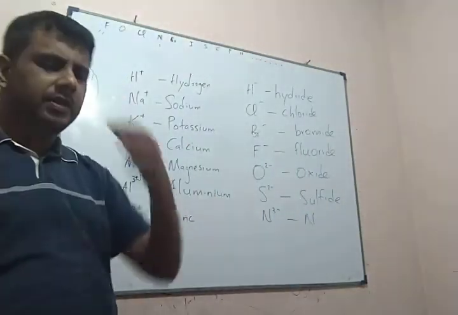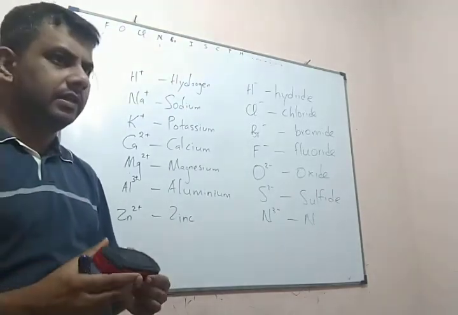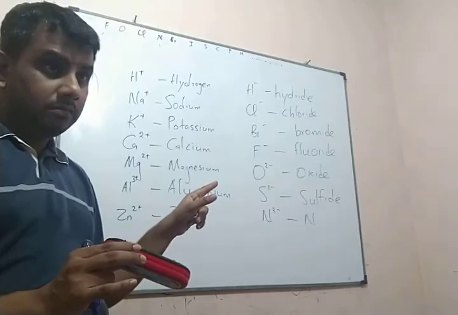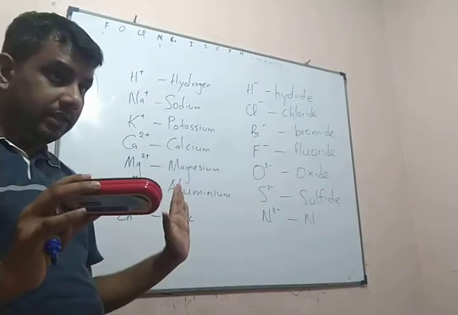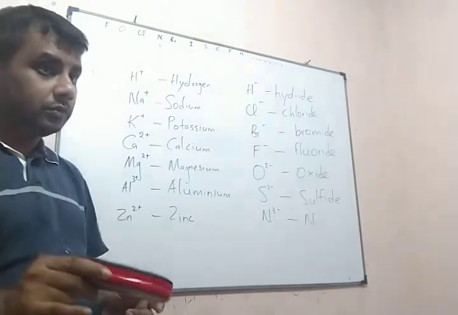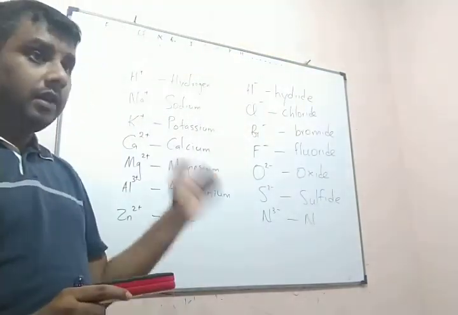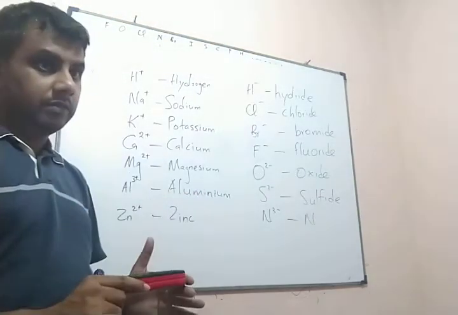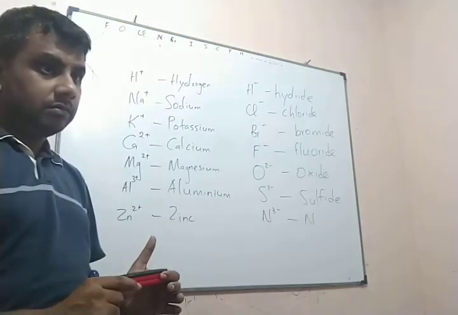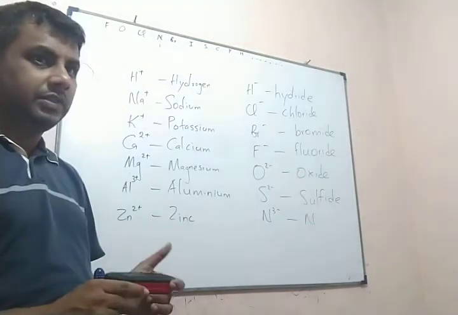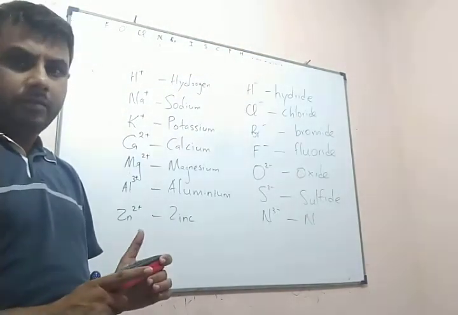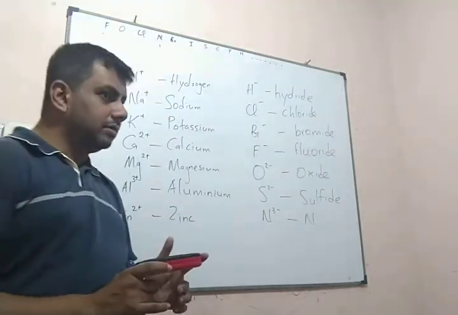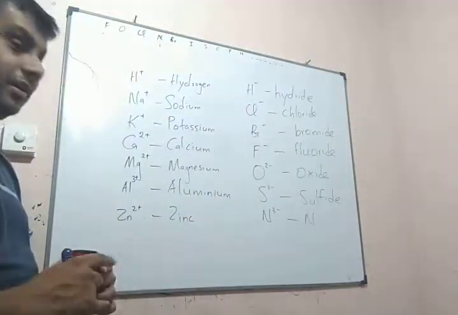PH is the British way, I think, and the American way is F. You can use either, but your syllabus says F is the correct way, right? The American way is the accepted way. I don't know why.